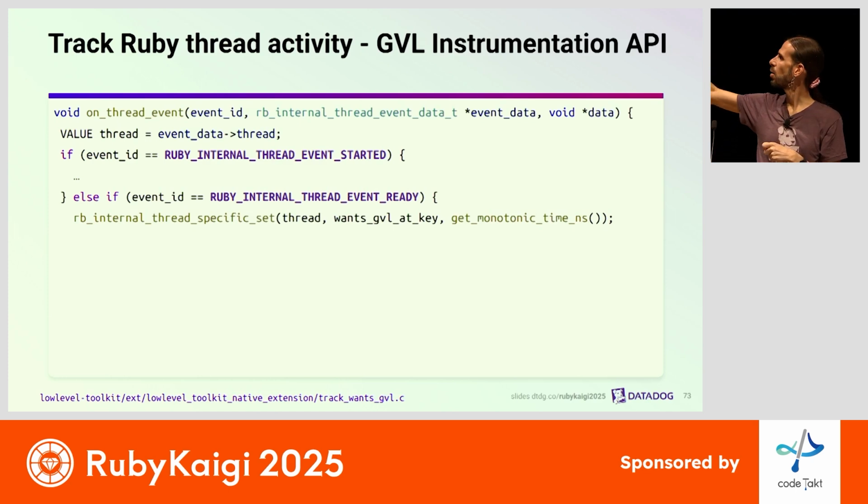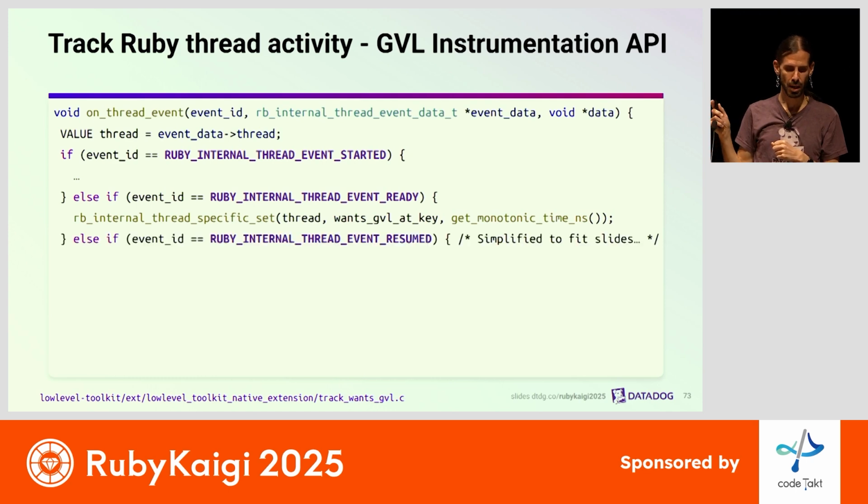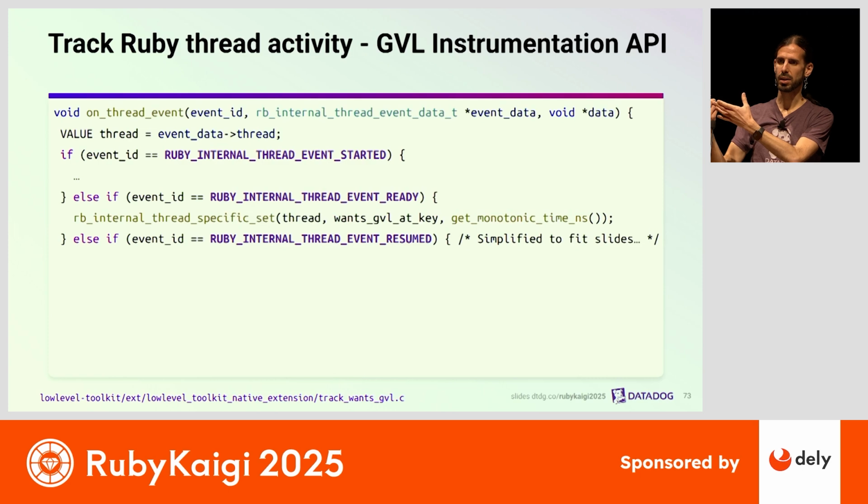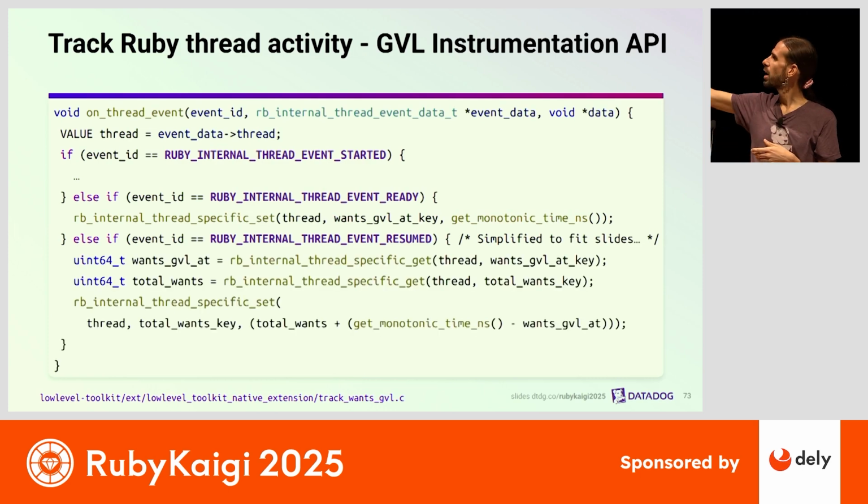So we basically get the current time and we record, okay, this thread started to say that it wanted the GVL at this point in time. And then when the thread resumes, which means the thread finally gets the GVL and can run, we get the time that the thread started waiting, we get also the total time the thread has spent waiting, and we add that and store all that information in thread local.